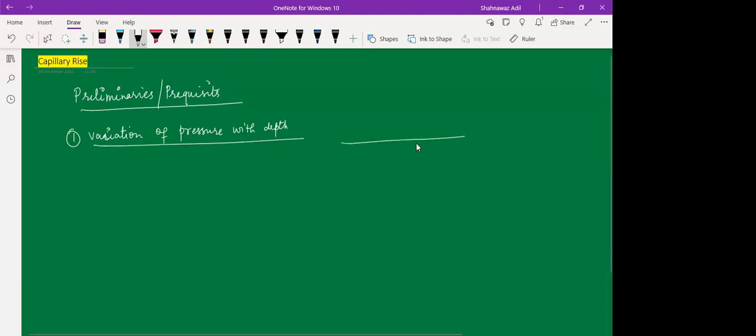So if we have this beaker and we are calculating the pressure at this depth, then what would be the pressure at this point?